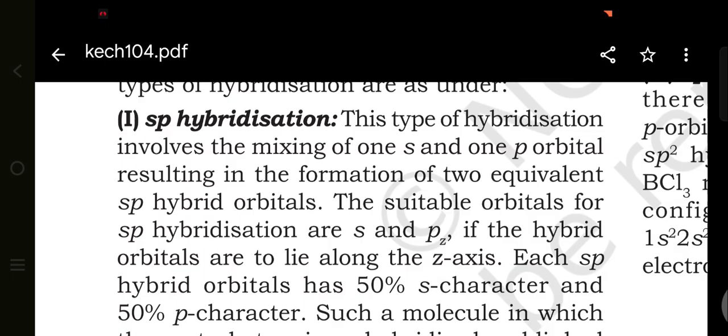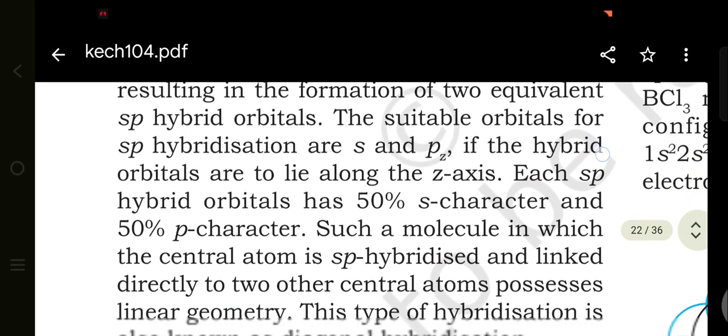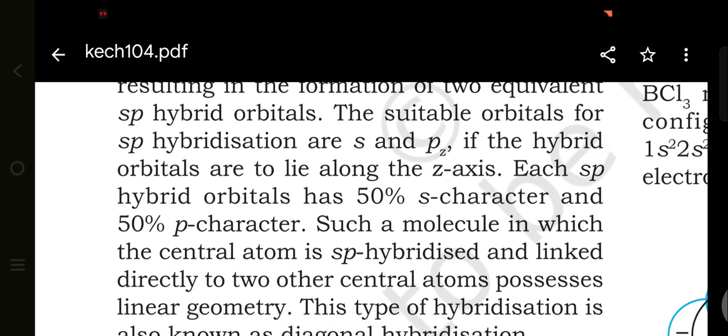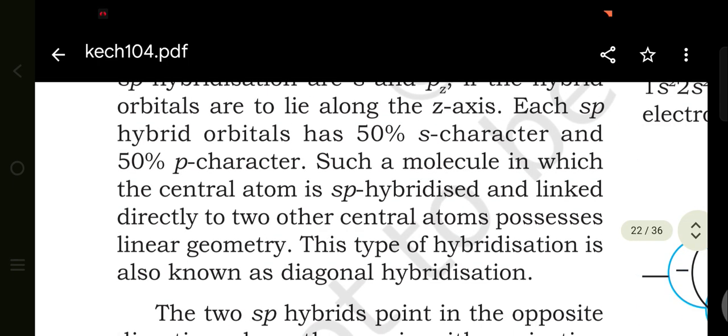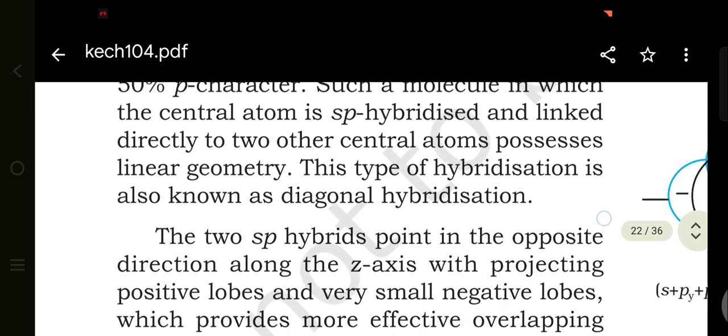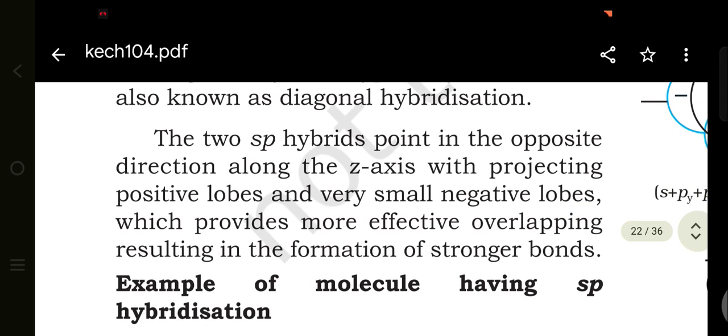If the hybrid orbitals are to lie along the z-axis, each sp hybrid orbital has 50% s character and 50% p character. Such a molecule in which the central atom is sp hybridized and linked directly to other central atoms possesses linear geometry. This type of hybridization is also known as diagonal hybridization.